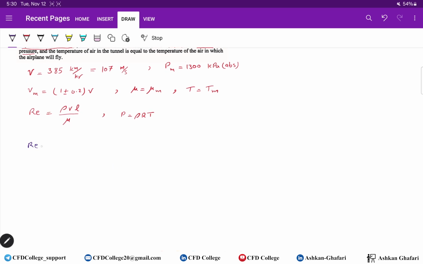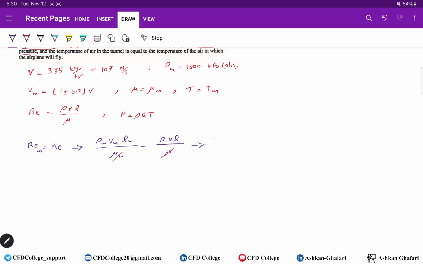It means that the Reynolds number of the model equals the Reynolds number. So rho m Vm Lm over mu m equals rho V L over mu. And we know that mu m is equal to mu, so these are gone.